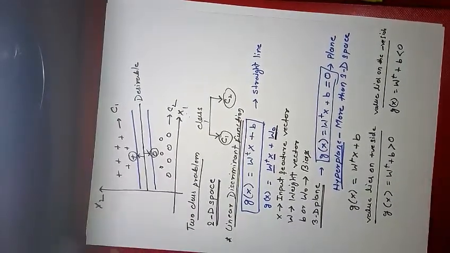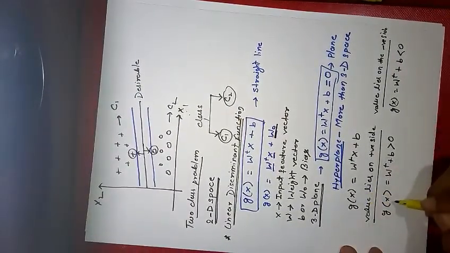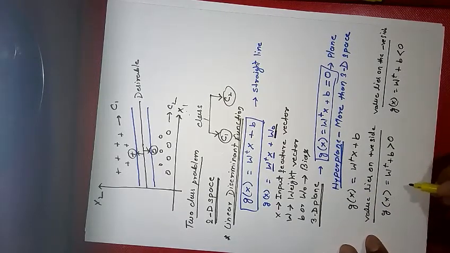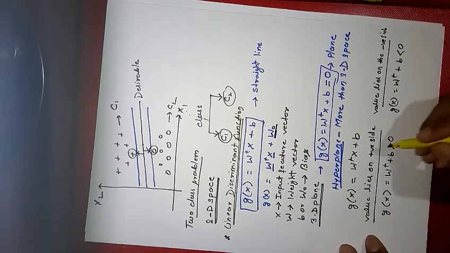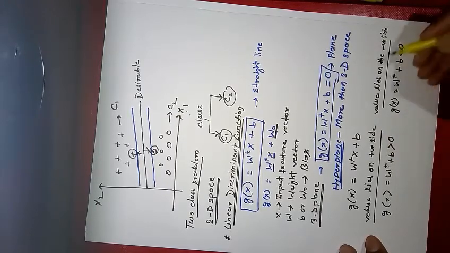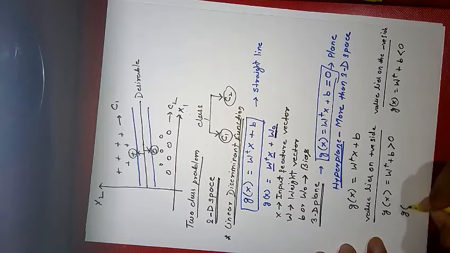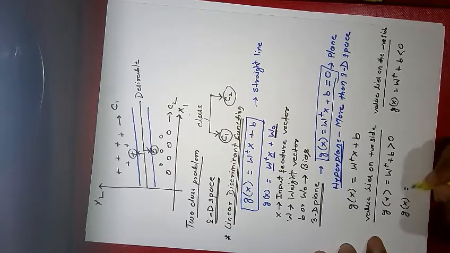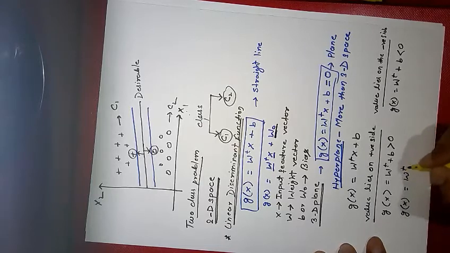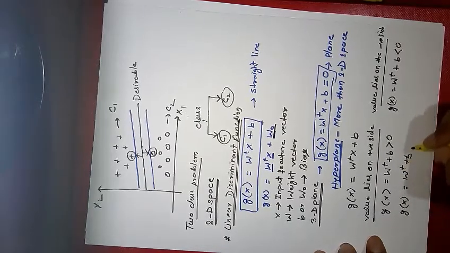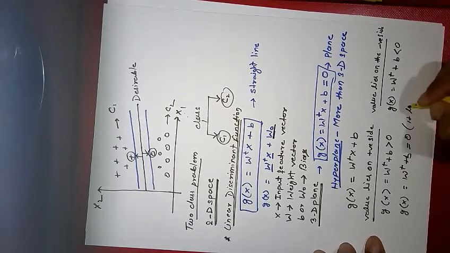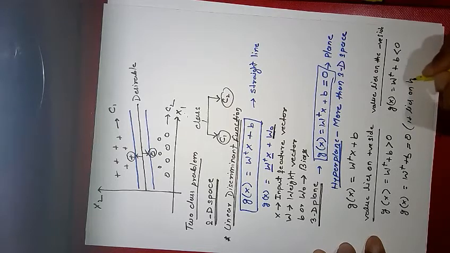And if the feature vector x neither lies on the positive side nor on the negative side, it actually lies on the hyperplane, then the equation will be g of x equals w transpose x plus b equals 0. Then it lies on the hyperplane.